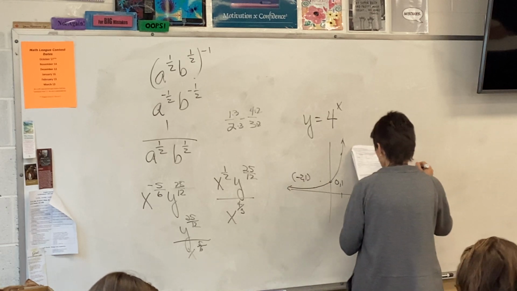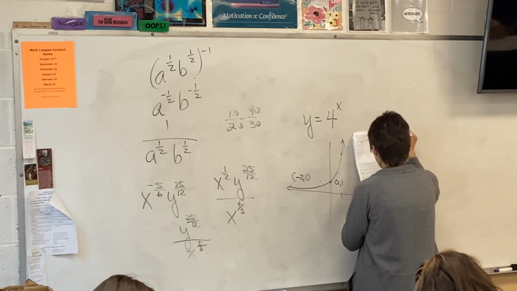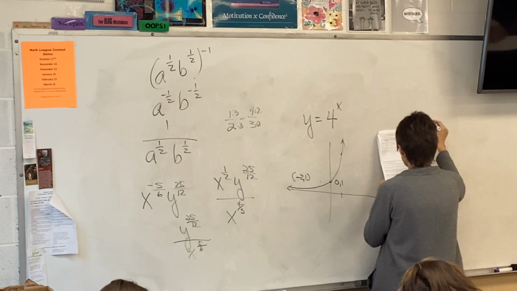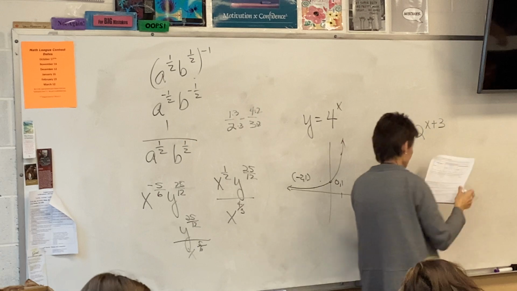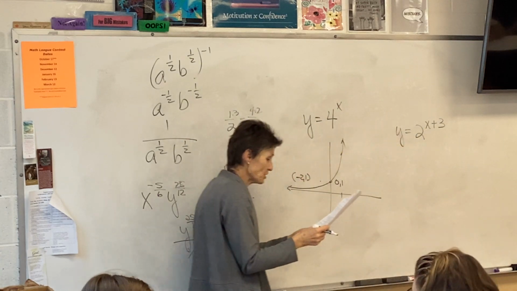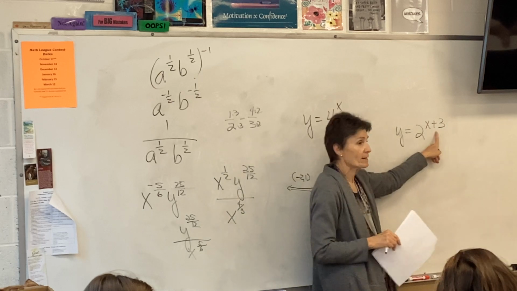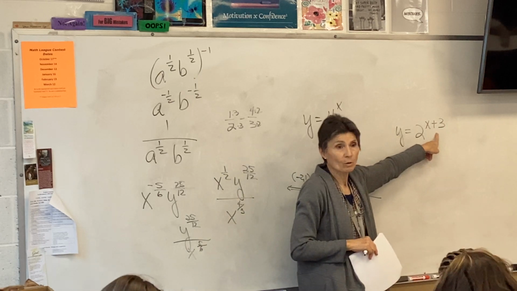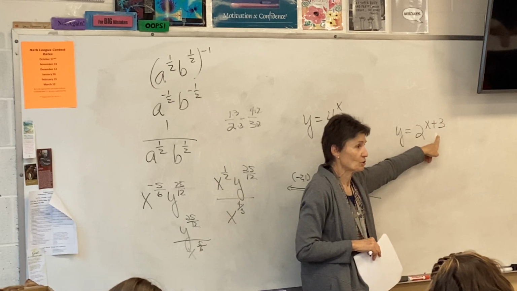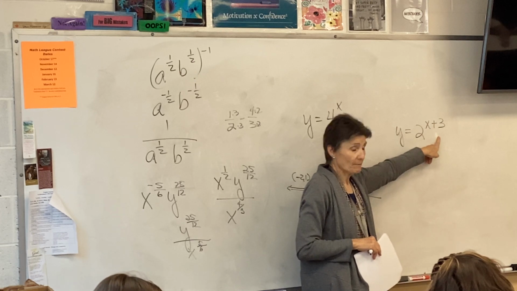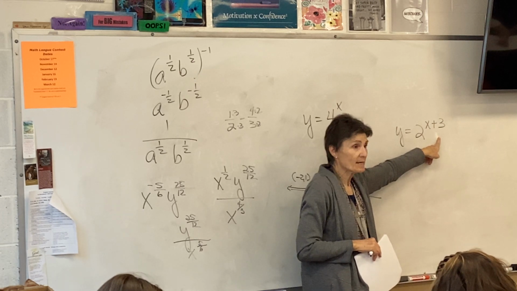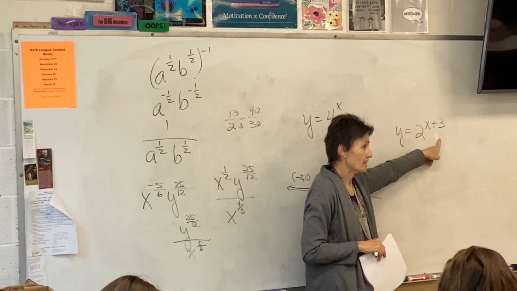Let's look at the next problem and figure out what in the heck those directions mean. Each of the following exponential functions has a horizontal translation. What is the horizontal translation of this function? Left 3, right? It's 2 to the x, move left 3.